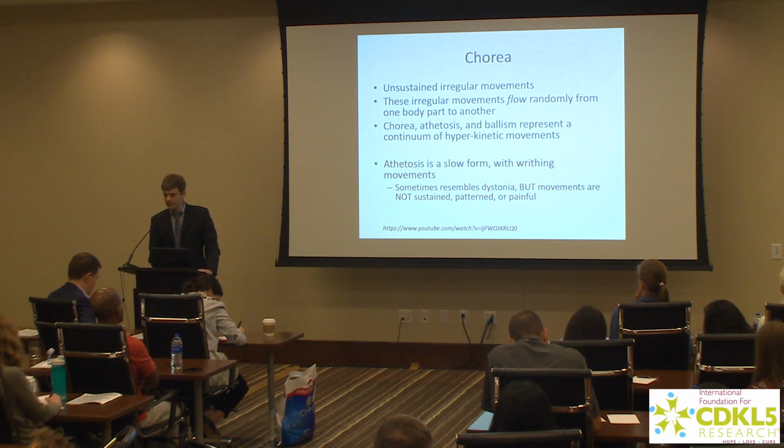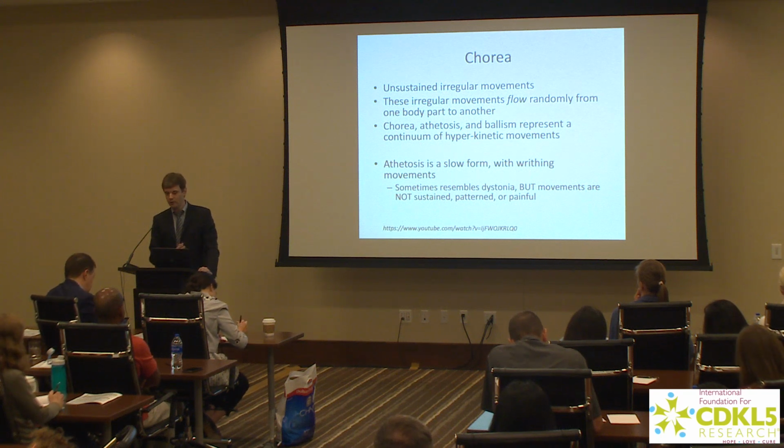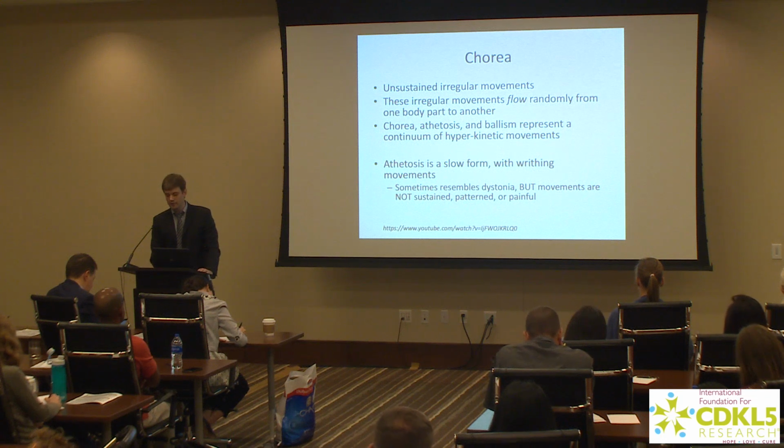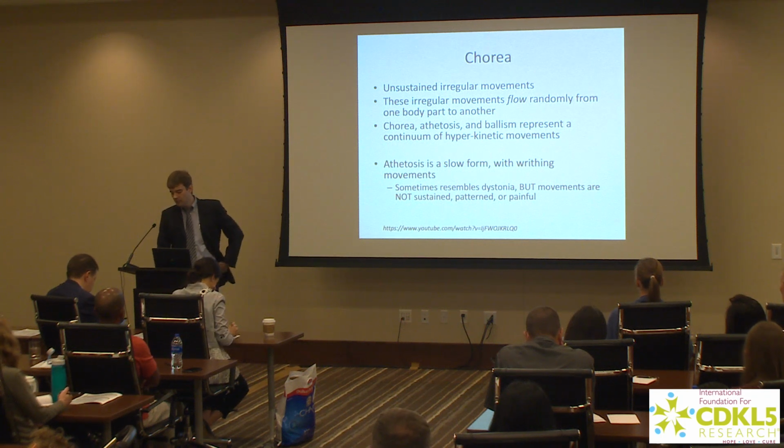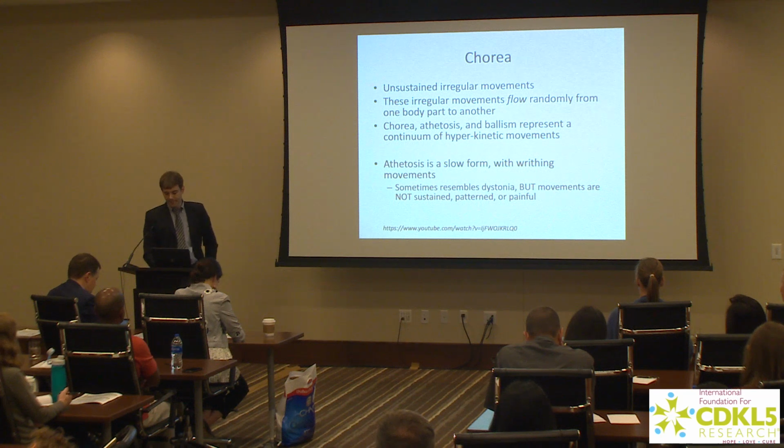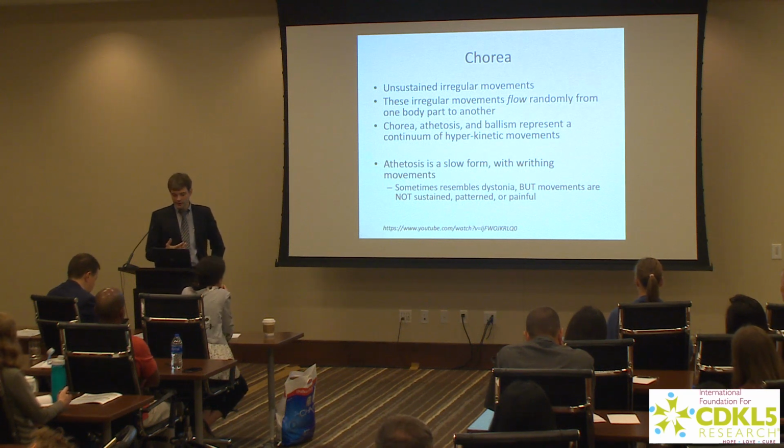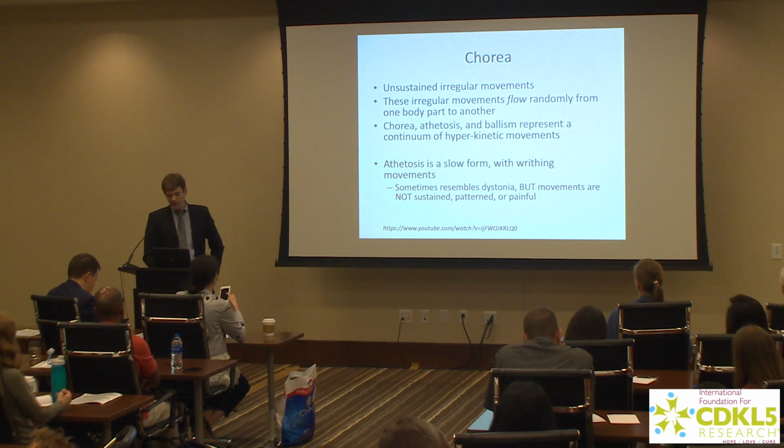And maybe something that we do actually see but haven't recognized that much is a form of chorea, or on the spectrum of chorea, which is called athetosis, which is a very slow writhing, and which I believe I've seen in the upper extremity. So it's really slow writhing movements. It is important to realize that these movements are not patterned, they flow, and they're also not painful.